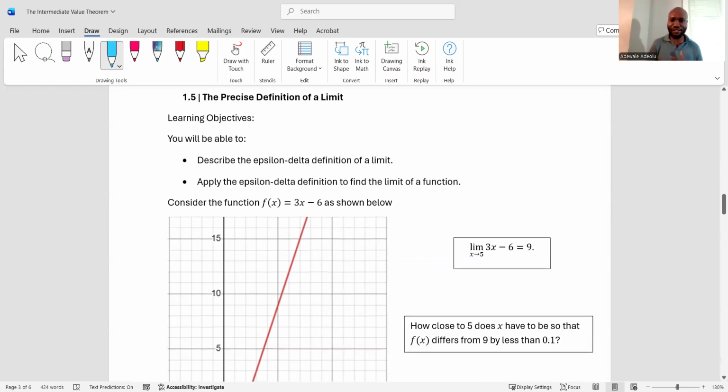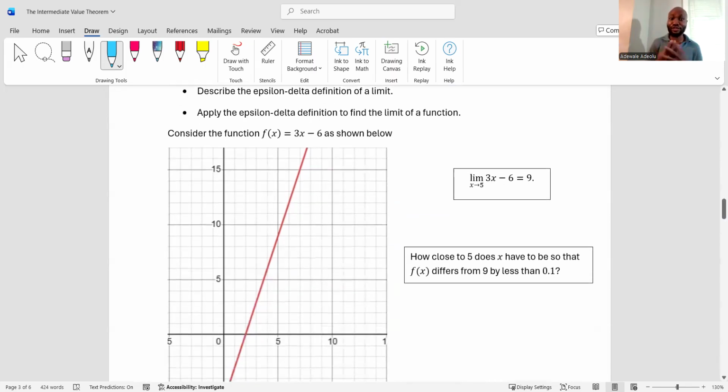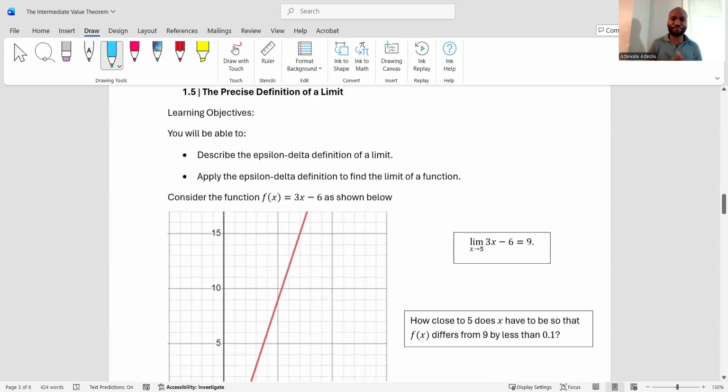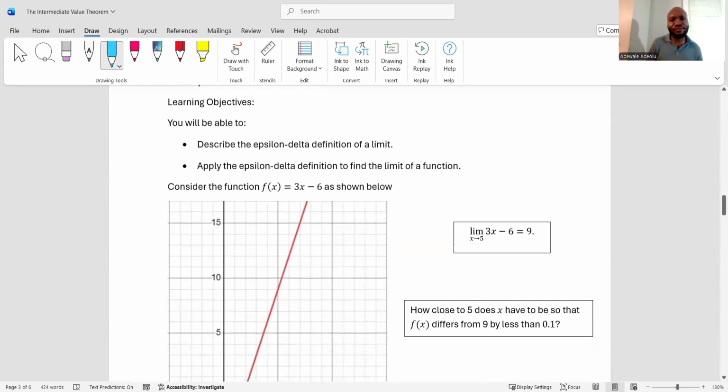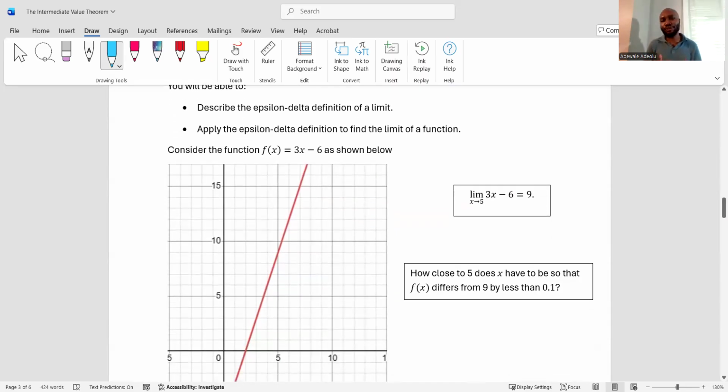The same idea we want to use now to make a precise definition. So instead of taking all these points, because then we concluded that we can talk about many points, 0.1, 0.01, 0.0001, 0.00001, because our answer will keep getting better and better and better.